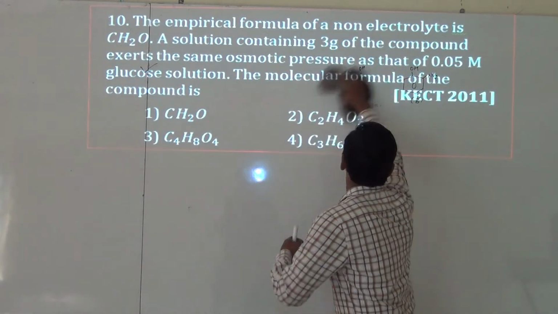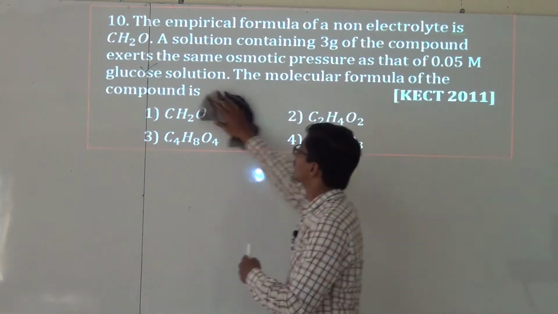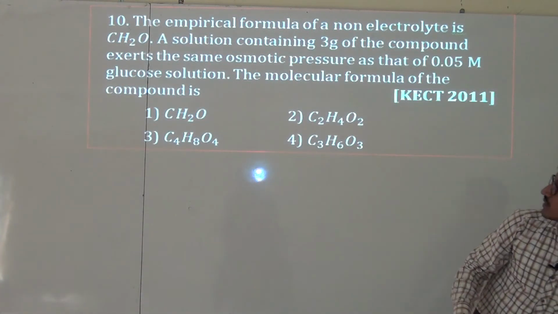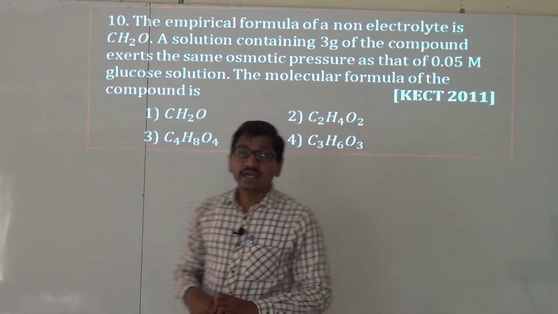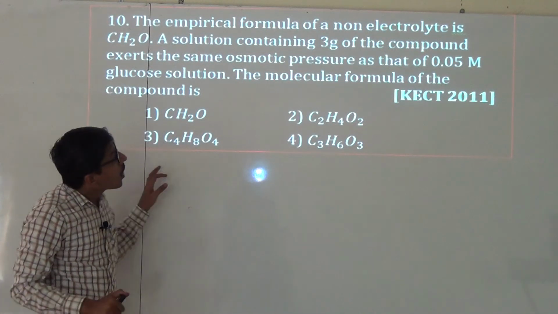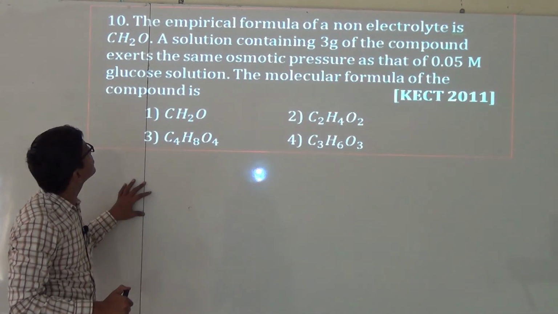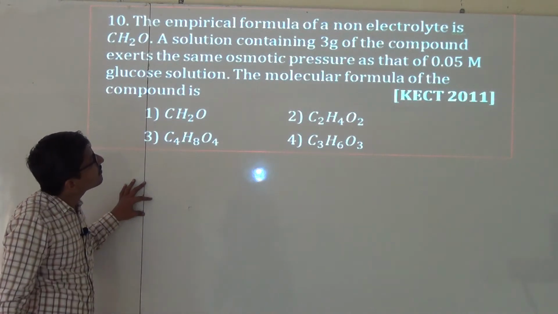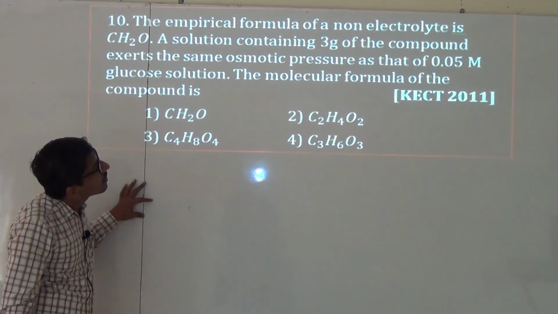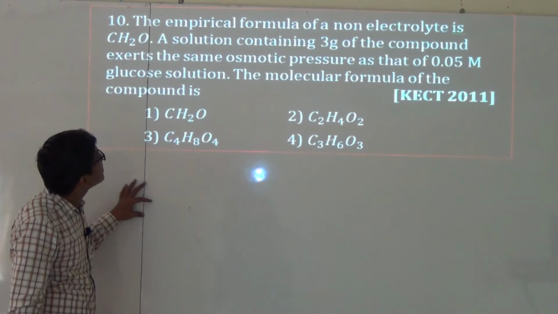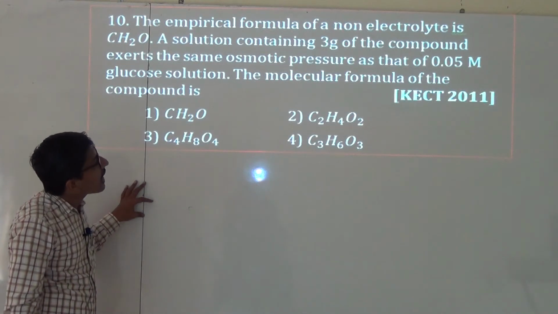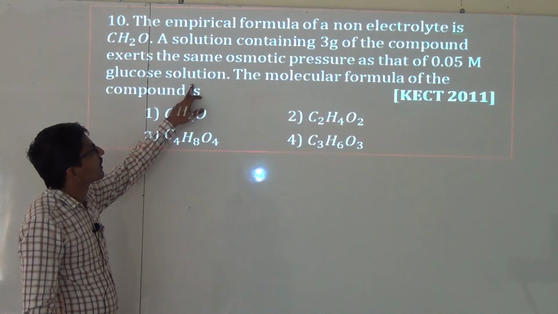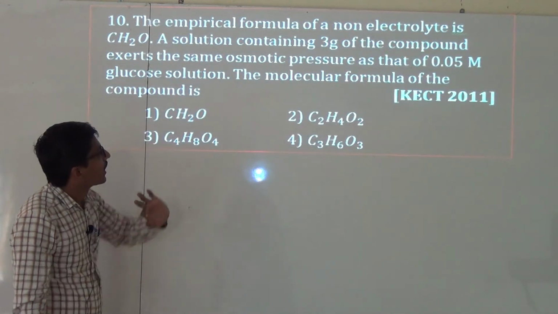Next question is, the empirical formula of a non-electrolyte is CH2O. A solution containing 3 gram of the compound exerts the same osmotic pressure as that of 0.05 M glucose solution. That is, these two are isotonic.